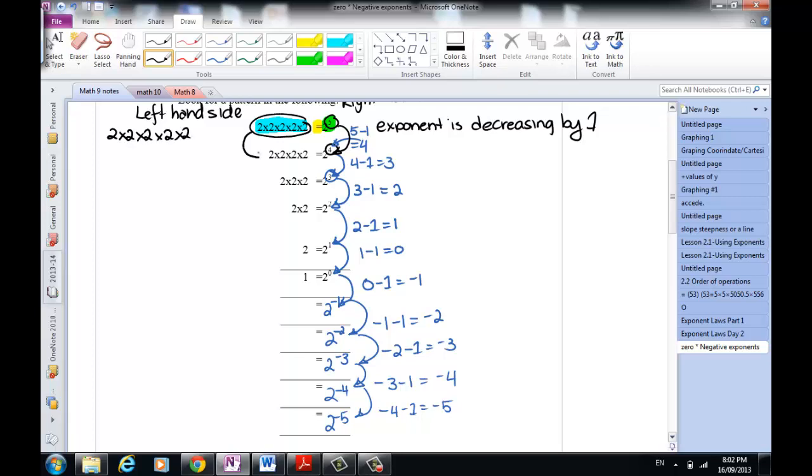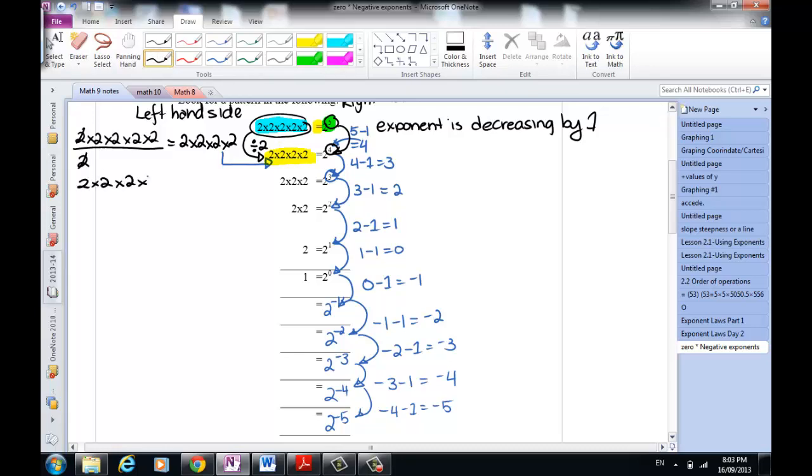Now, if I want to get from the first one to the second, notice that if I divide the first part by 2, these cross out because they become 1, and what we're left with is 2 multiplied by 2 multiplied by 2 multiplied by 2, which in fact is this one. So what did I do? I divided by 2.